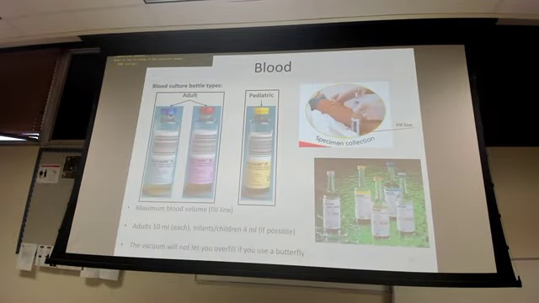And this is what those blood culture bottles look like. The adult blue is aerobic, the red is anaerobic, and the pediatric is the yellow. You want 20 mLs for adults and a maximum of 4 mL for pediatrics if possible.